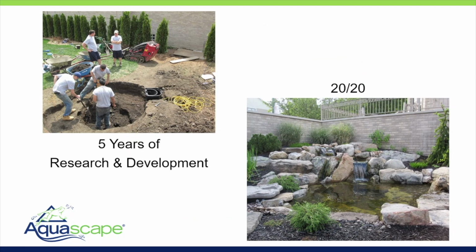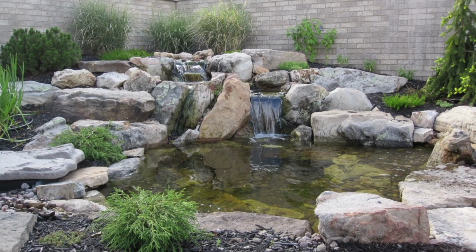So that five years of research and development was back in the early 90s. That was in those early years when we were creating those skimmers and biofalls and trying to figure out what worked, why it worked, and why it did not work. So some of these processes we still are going through today. We're always pushing the boundaries to come up with that right recipe. But so far, this is what we've done.